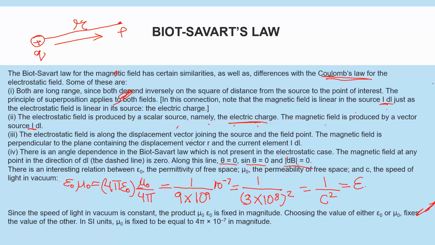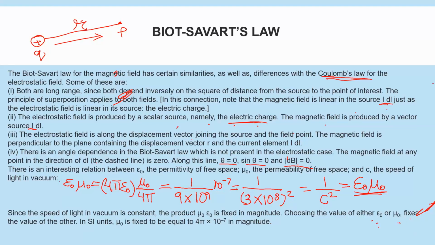So this is the equation for the product of the permittivity and the permeability of free space. Since the speed of light in vacuum is constant, this is also fixed in its magnitude. So if we choose either epsilon 0 or mu 0, that is the permittivity or permeability, it will fix the value of the other term.